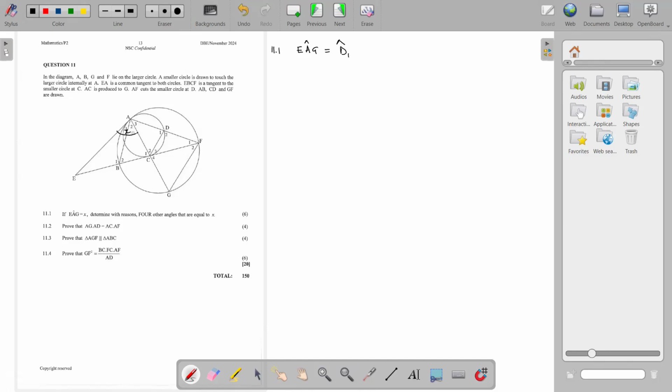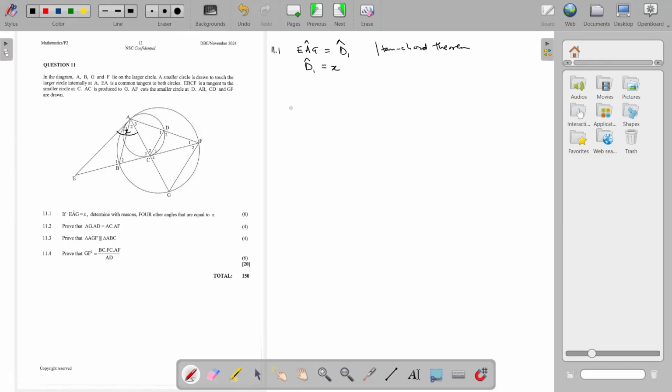We are concentrating on the smaller circle. So the angle between this tangent EA and this chord AC is equal to the angle subtended by that chord in the alternate segment, which is D1. So the reason is tan chord theorem. Since we are told that EAG is equal to X, we can conclude that D1 is equal to X.